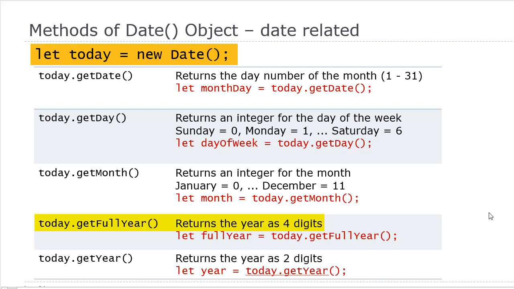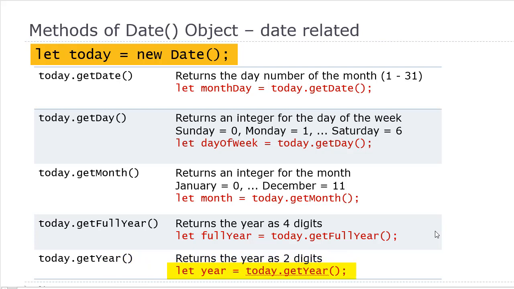We also have the getFullYear method. It returns the year as 4 digits. So we can say today.getFullYear, store that in a variable. That variable will return 2022, which is the year this recording was made. We also have the getYear method, which returns the year as a 2-digit date.